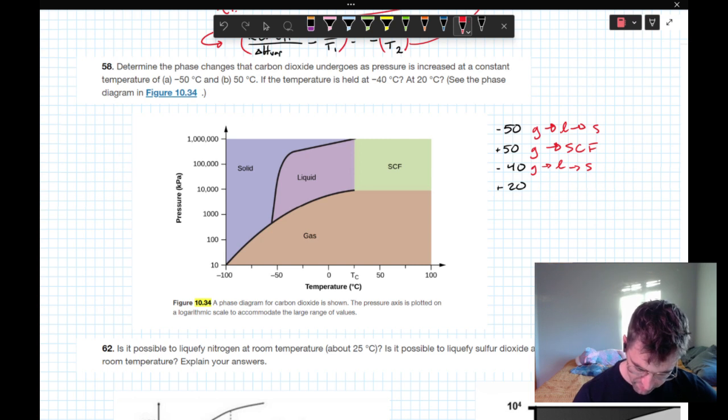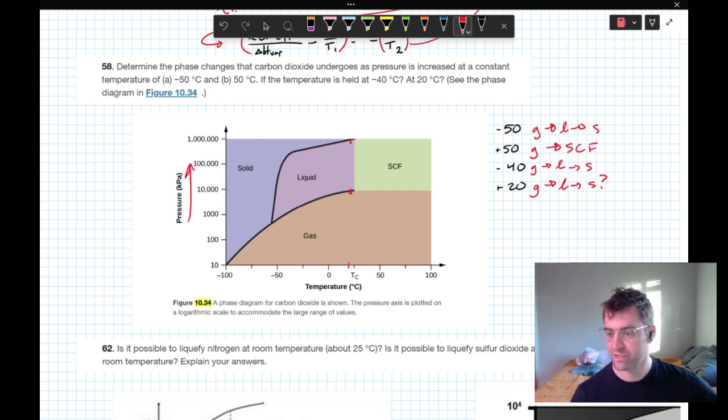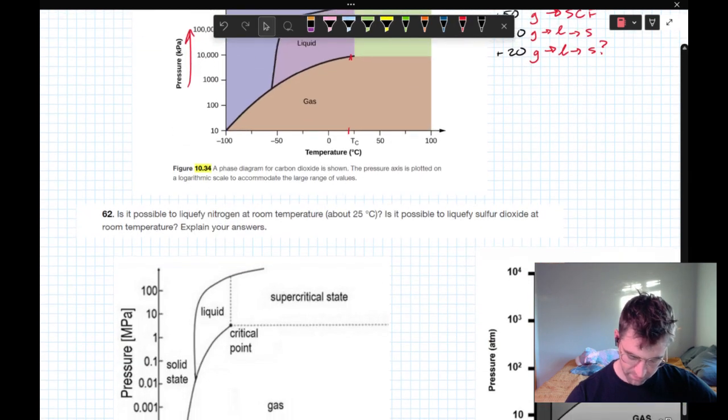And at positive 20, should be right here. I'm going to eyeball that and say it's right there. So we'll definitely have a gas phase. We will definitely have a liquid phase. We might have a solid phase as we increase pressure at a constant temperature. Cool.